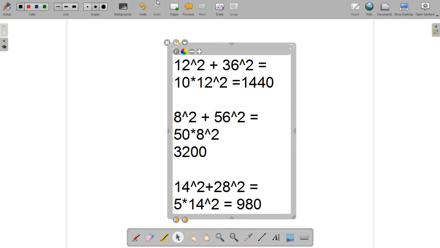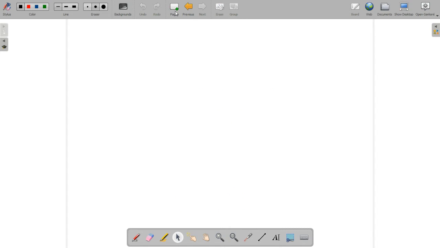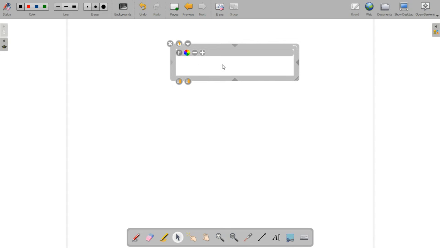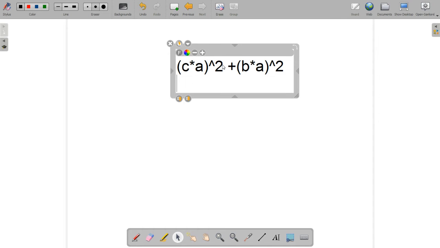Okay. So now let's go on to a more general approach. So what do we have, numbers in the form C times A raised to the 2 plus B times A raised to the 2.